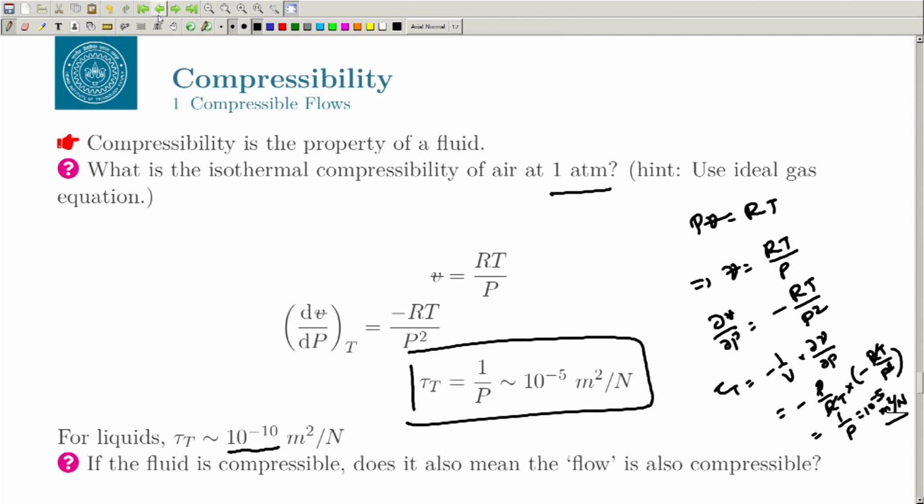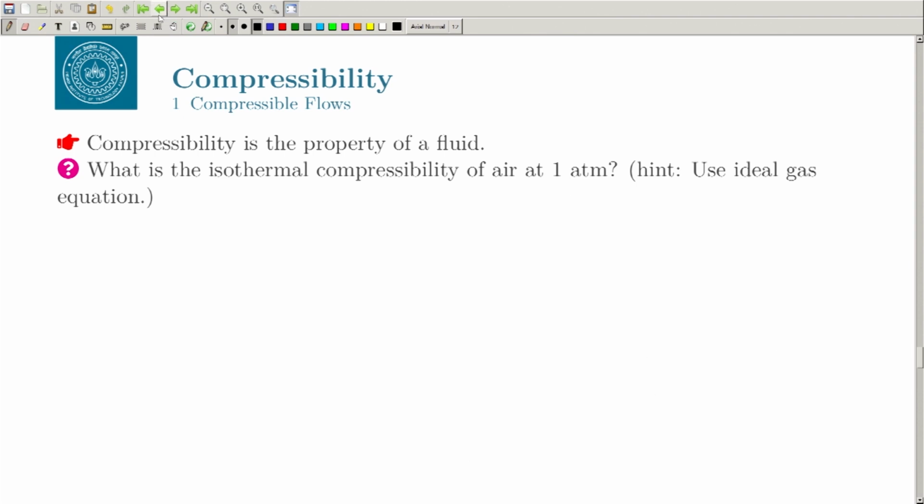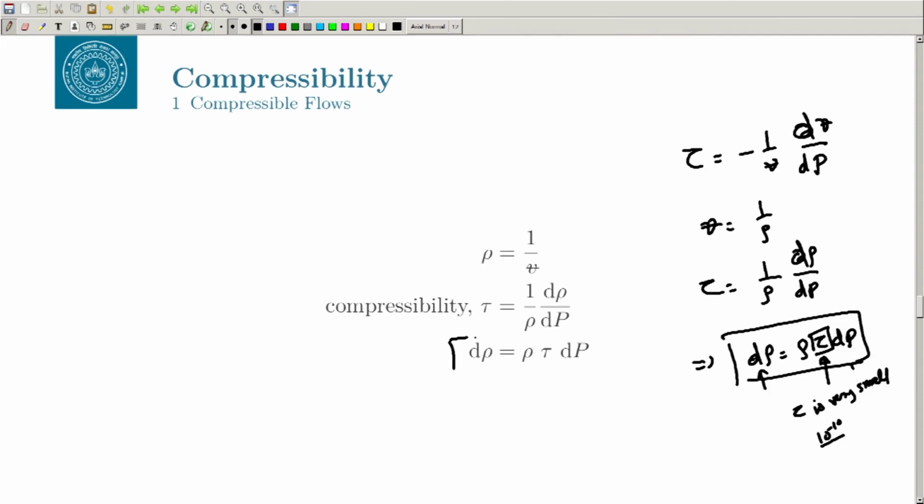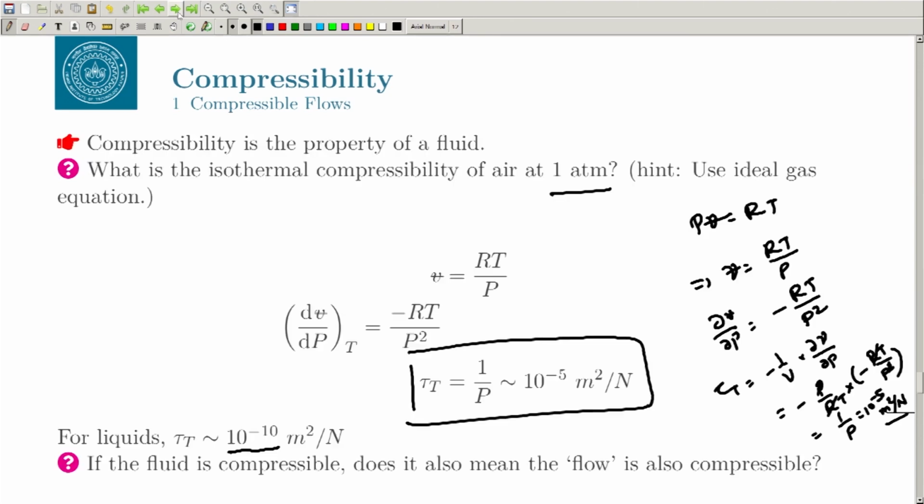If we go by the previous expression, tau is an important factor, so 10 to the power minus 5 order makes a difference in how the density changes due to the application of pressure, and that is why we say that gases are compressible, but liquids are not compressible.